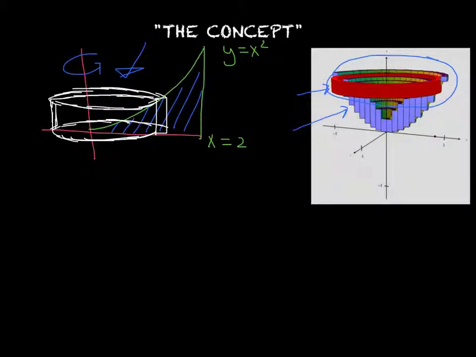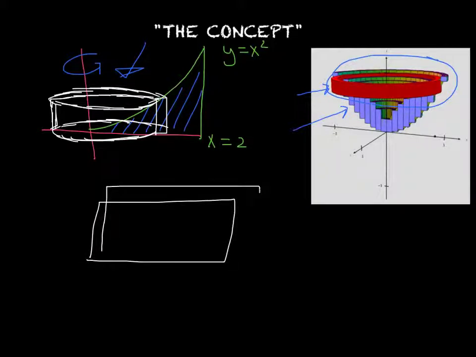If you flatten it out, it's going to form something that looks like this. Once again, this is not a great drawing, but I think you'll get the point. It forms a rectangular prism.